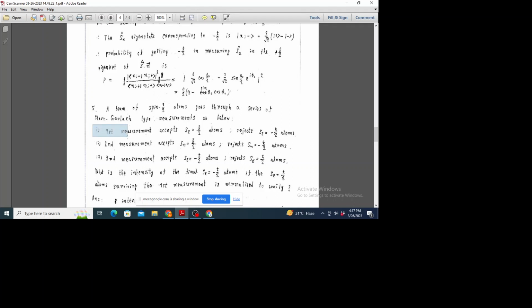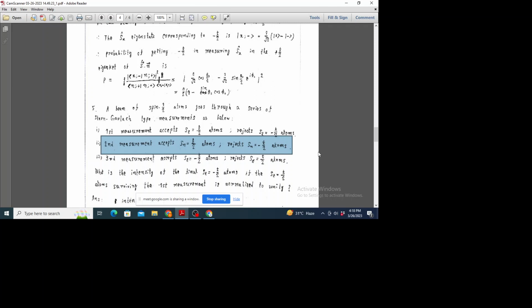In step 1, the first measurement accepts Sz equal to h cut by 2 atoms and rejects Sz equal to minus h cut by 2 atoms. After this first measurement, the second measurement accepts Sn equal to h cut by 2 atoms and rejects Sn equal to minus h cut by 2 atoms.